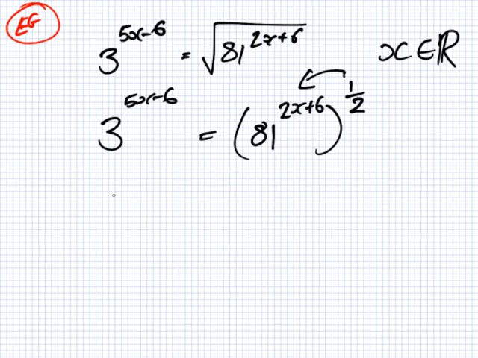So you get 3 power 5x minus 6 equals 81 power 1x plus 3. Because this is the fourth rule of powers, the powers multiply when you have two powers.